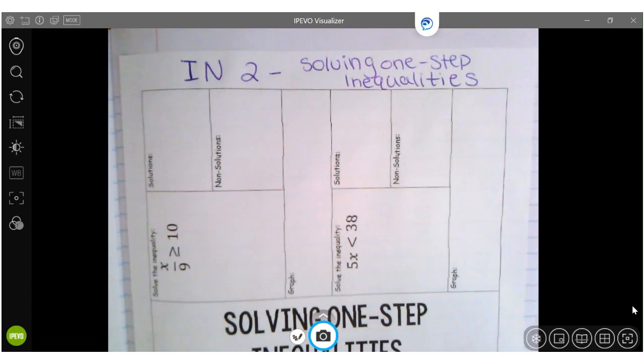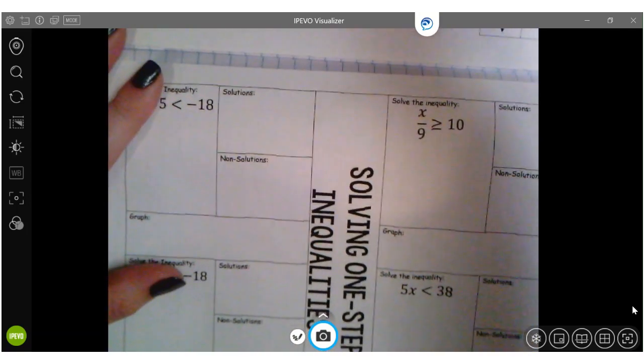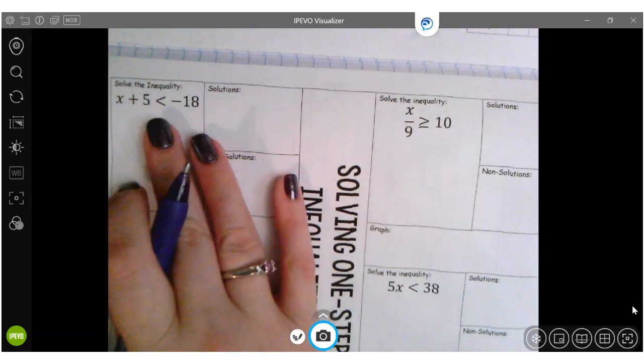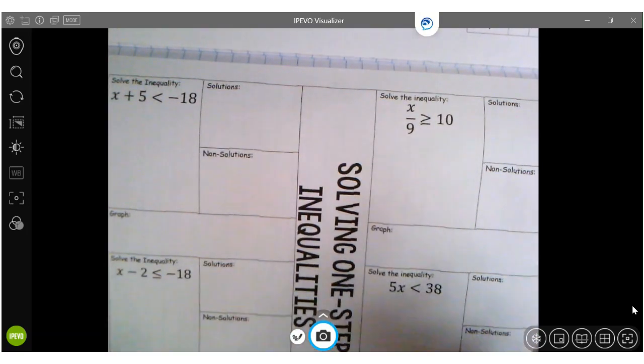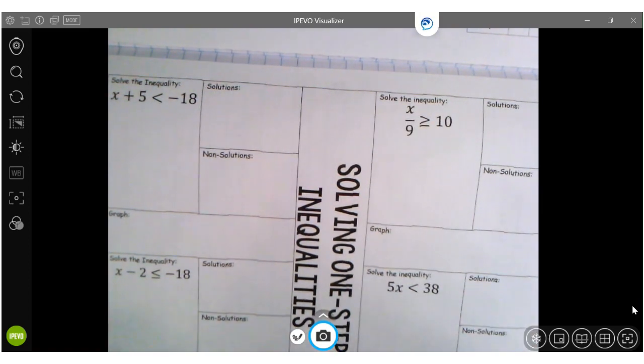And then you're going to turn your notebook sideways so that you can write. Like I said, we have examples using addition, subtraction, division up at the top with the fraction bar, and multiplication.